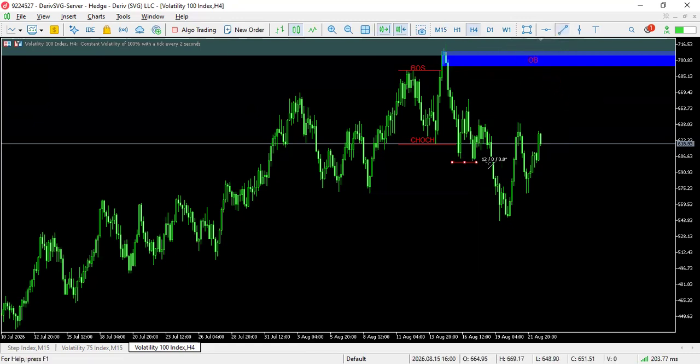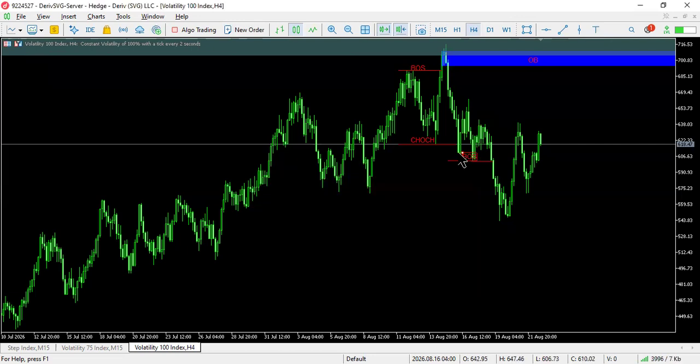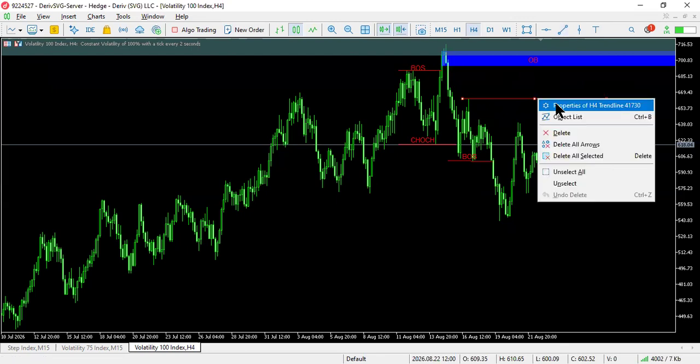And then we have these breaks of structure that price caused here as liquidity. I'm seeing that as liquidity that price has to sweep to go and tap into my order block. So this is my liquidity that price has to clear to go and mitigate my order block.